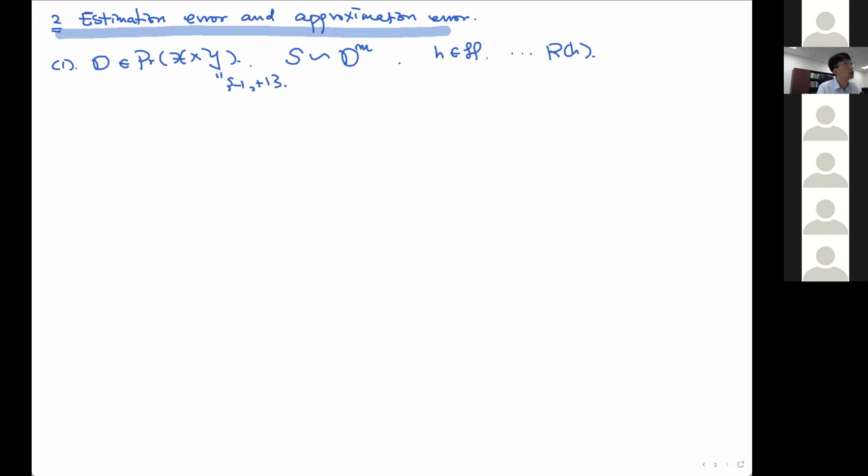In this learning scenario, which we studied already, we can ask the following question. Suppose we are allowed to choose a hypothesis as we like. If we do so, what is the minimum achievable generalization error?